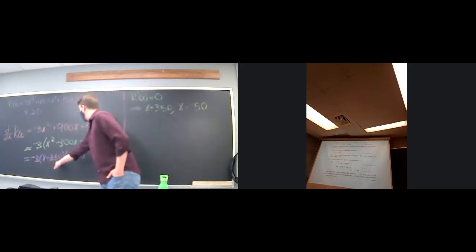So we're going to have to use some form of our first derivative test. So just for the sake of making this quick, let's set x equal to 0. We get -3 times -350 times 50.